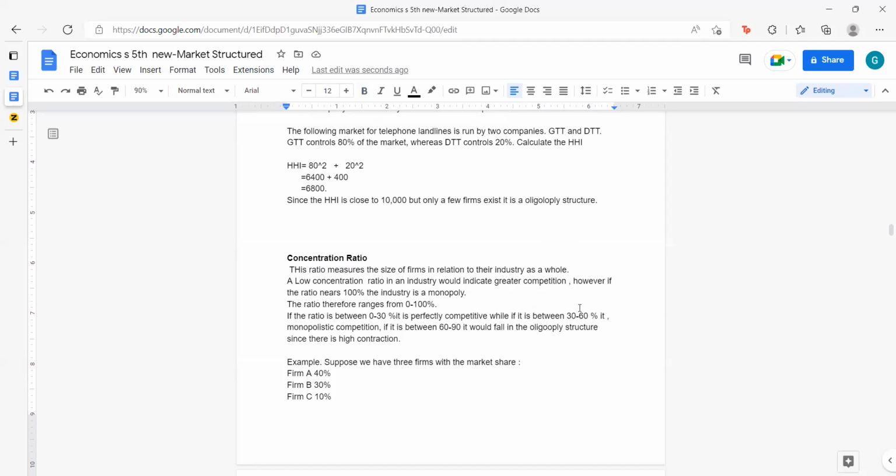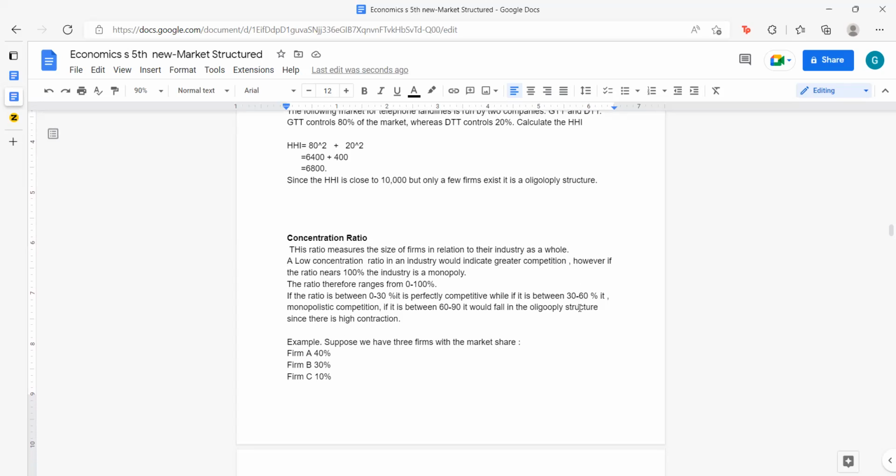However, if it nears 100%, it is a monopoly. So the value range is basically, as you expect, from 0 to 100. Usually, if the ratio is between 0 to 30, it's perfectly competitive. Between 30 to 60, monopolistically competitive. Between 60 to 90, most times it's an oligopoly structure. And anything above that is high concentration and is a monopoly if it reaches 100.